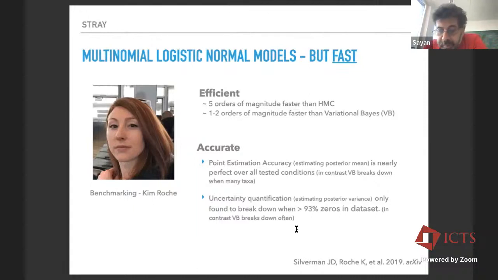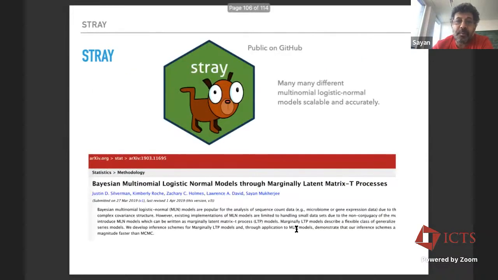So we basically came up with something that was 5 times faster than HMC and faster than variational Bayes, but more importantly, was way more accurate than variational Bayes. And unless your data is crazy sparse, we do well.